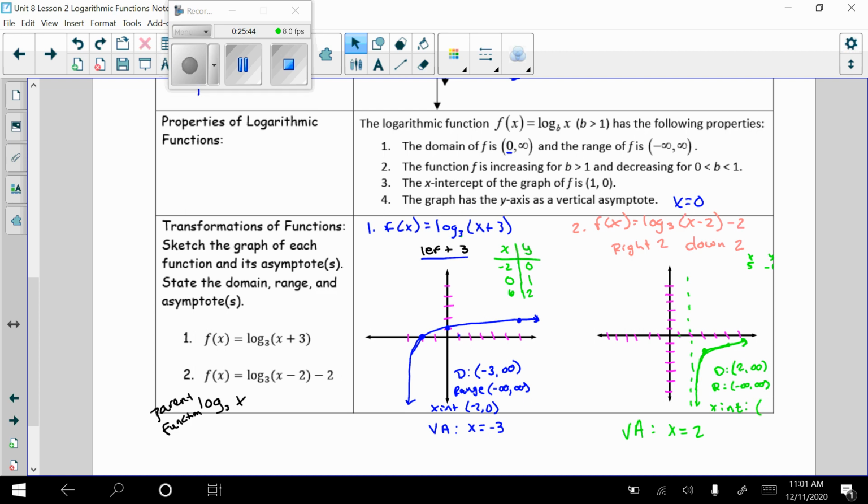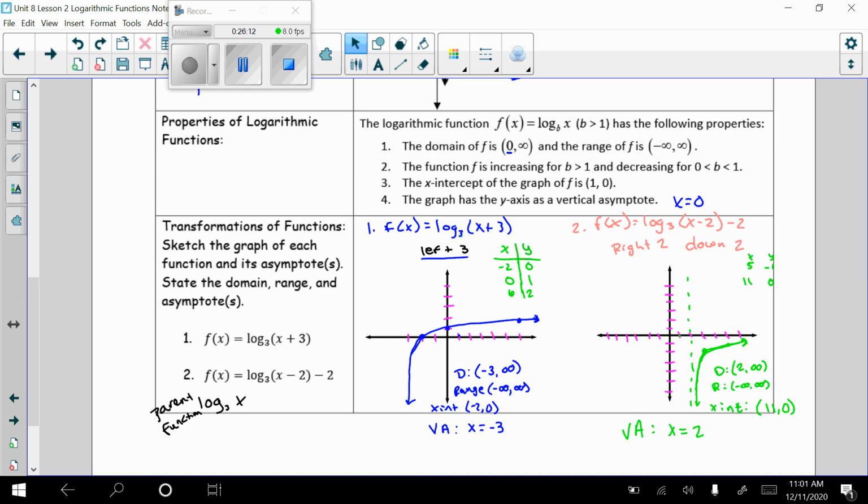So 11 minus 2 is 9. So 11, 0. Okay, again, that's doing a little bit of fancy finagling in my head. That makes that 9, which is 3 squared, which means that the log and the base cancel, and it's just 2 minus 2 is 0. Okay, so that was a little bit of stuff in my head, but that's what these graphs would look like, shifted. Okay, and that's how you analyze them.